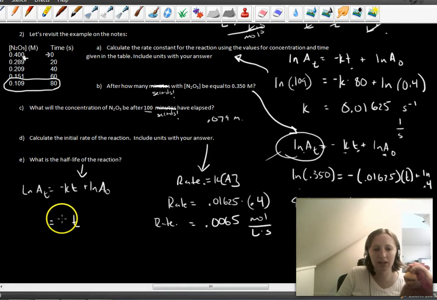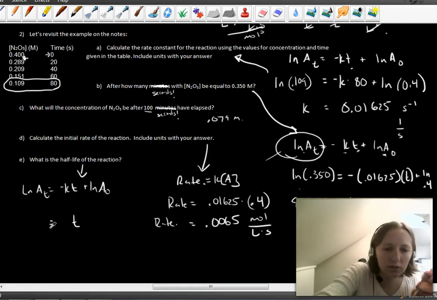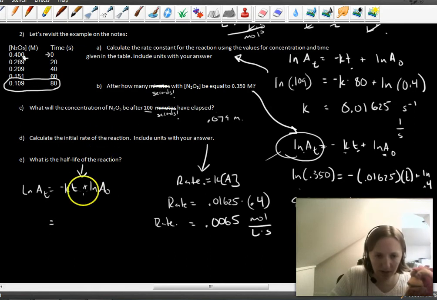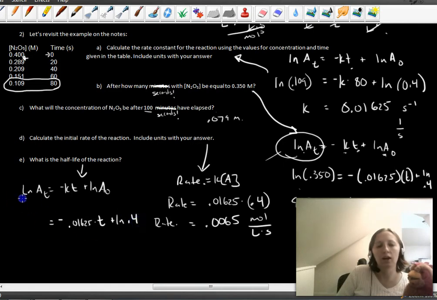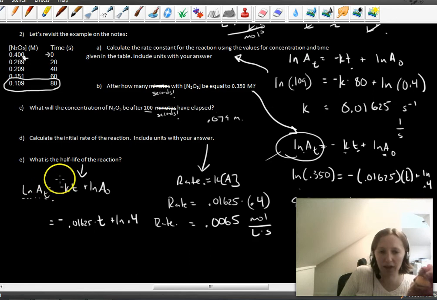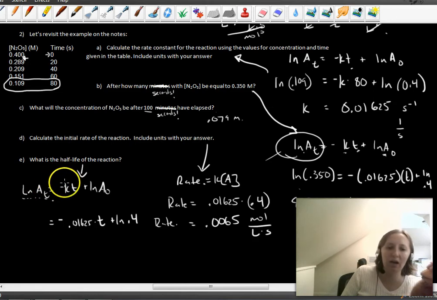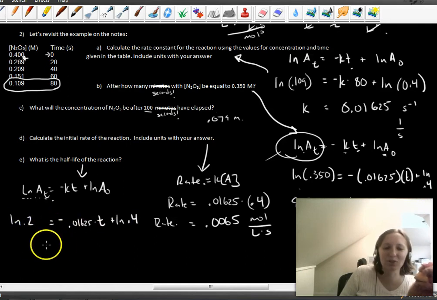We know what k is, so that's negative 0.01625. We're searching for t, and ln of A at time 0 is still ln of 0.4. ln of A at time t is going to be, the half-life is when you've used up half. So that's half of 0.4, so that's ln of 0.2. And so then you solve for t.